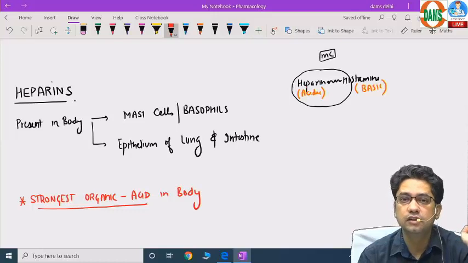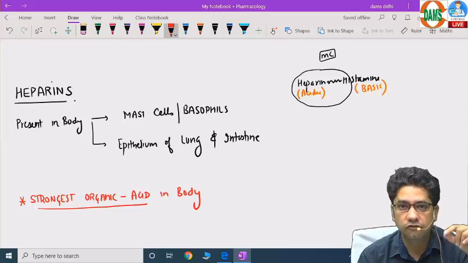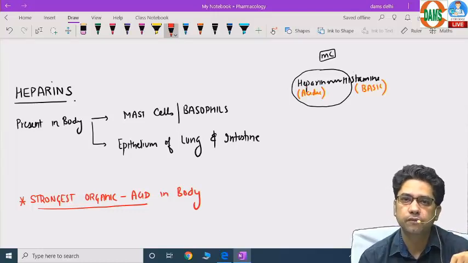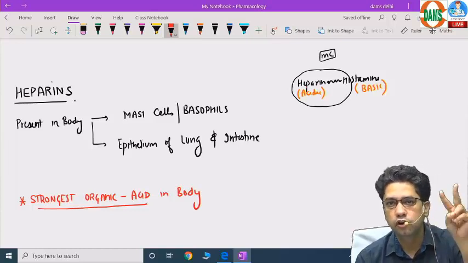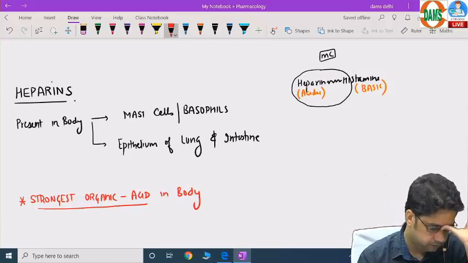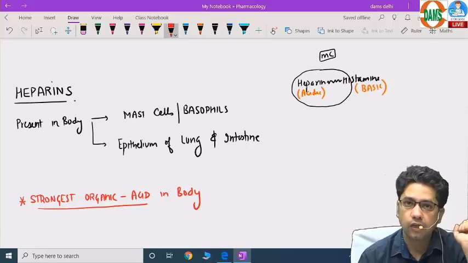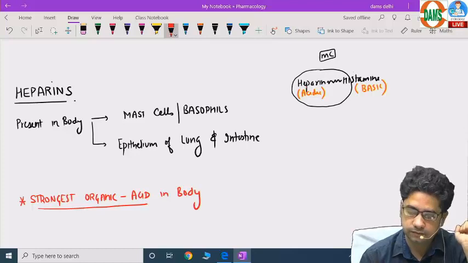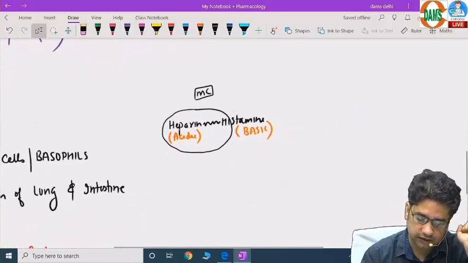Heparin is very highly acidic. Now sir, why am I telling you this point? Because it will solve your 2-3 questions. See this diagram again.